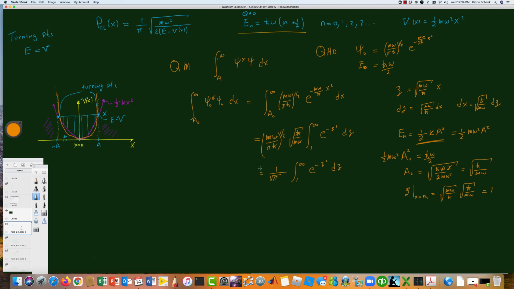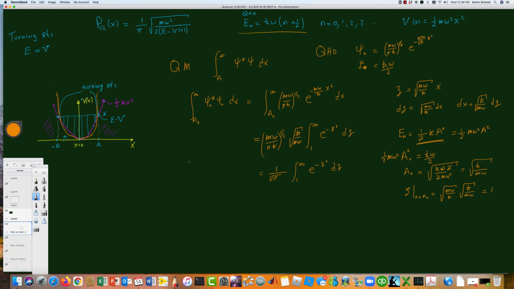Now, think about it for a second. This is the probability that you find the particle in this classically disallowed region. But I'd like to know the probability of finding it in both of the classically disallowed regions, which is here and here. Because this is symmetric, this should just be 2 times that.